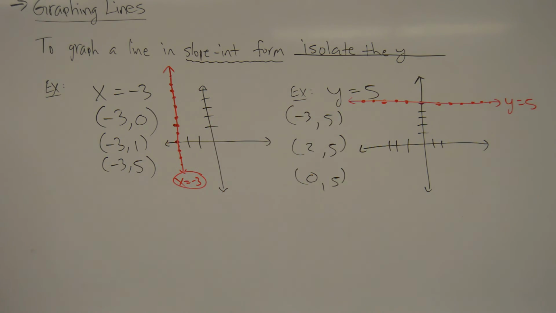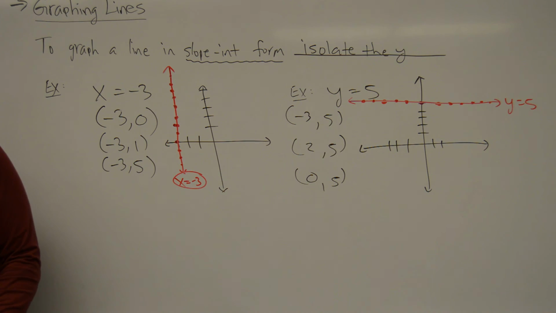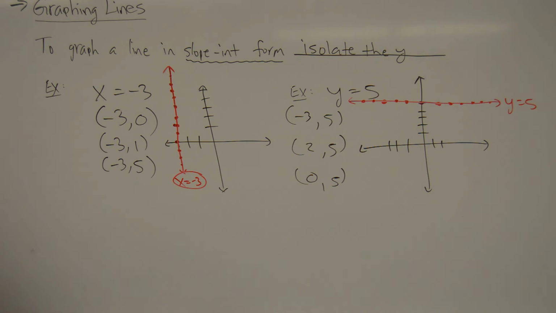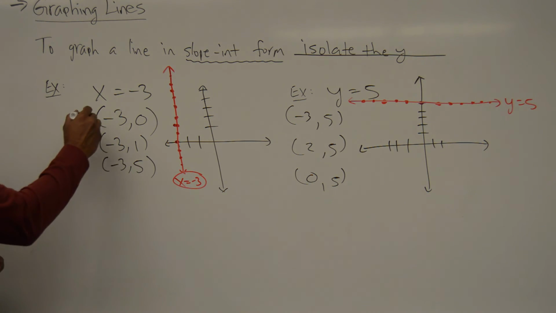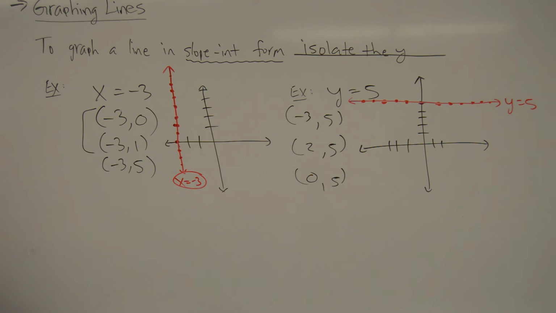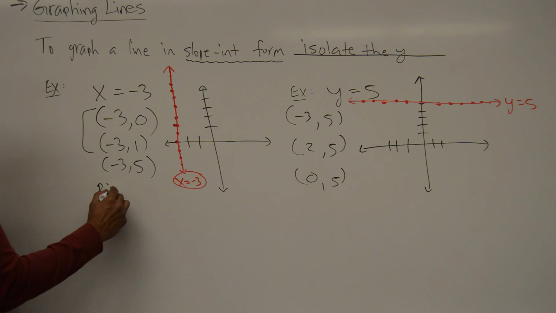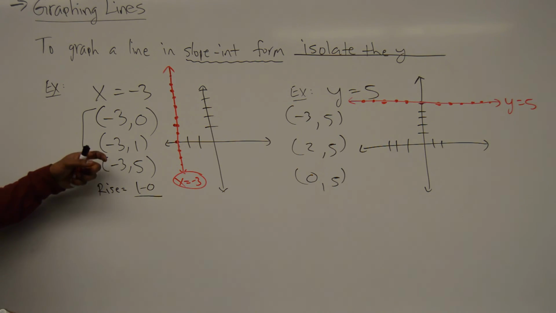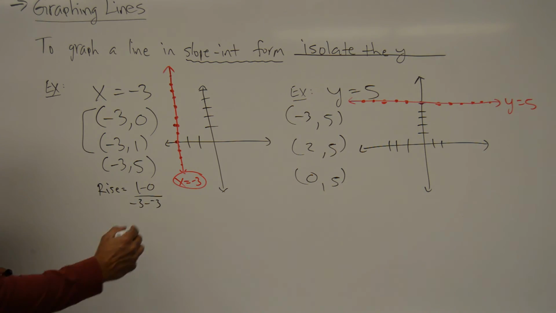Now the next question asks, what is the slope of x equals -3? Alright, so slope is rise over run, right? So let's calculate that. I'm going to take these 2 points. My rise is 1 minus 0, and my run is -3 minus -3.